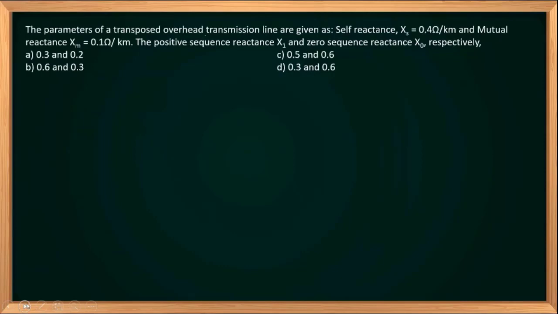If you are interested, you can derive these equations. Formula derive ചെയ്യാനും സാധിക്കും. But for the time being, I'm giving you directly the formula. The zero sequence reactance is equal to self-reactance XS plus 2 times mutual reactance XM.